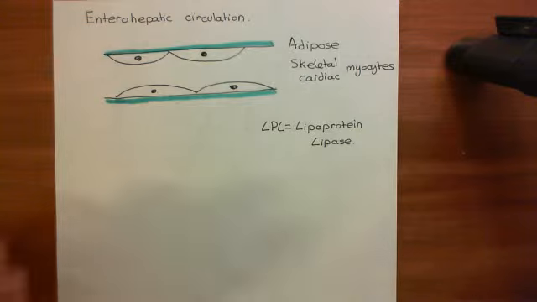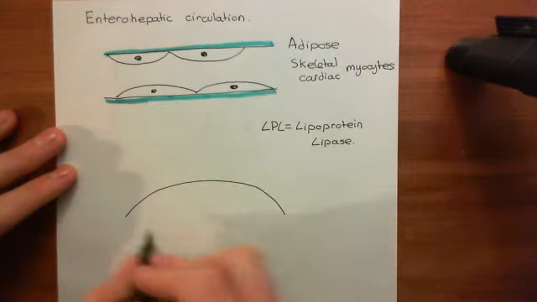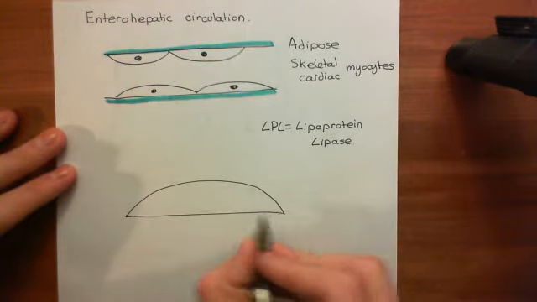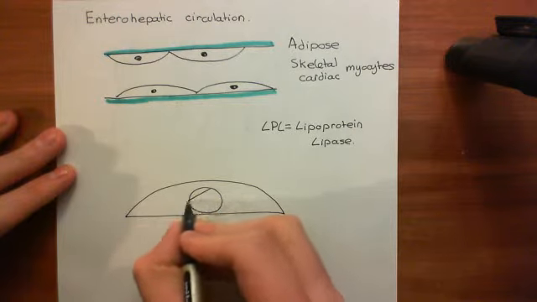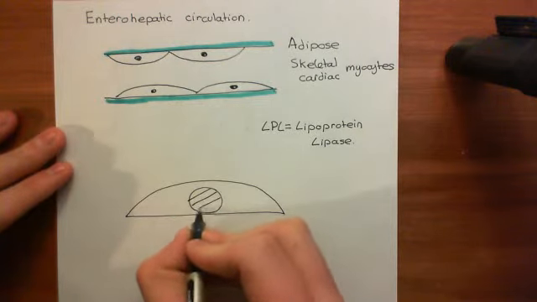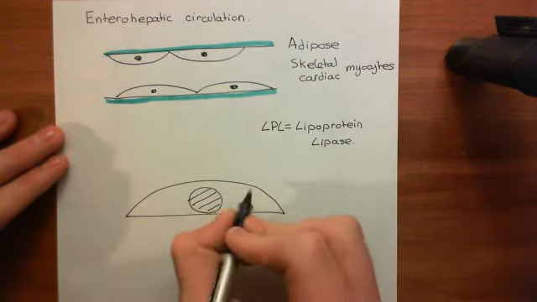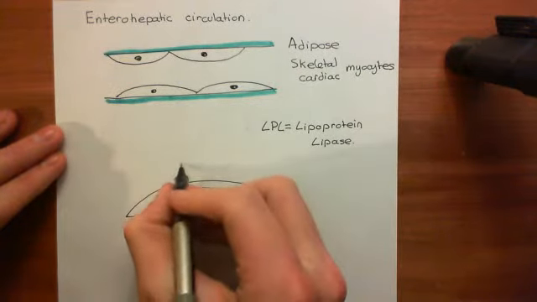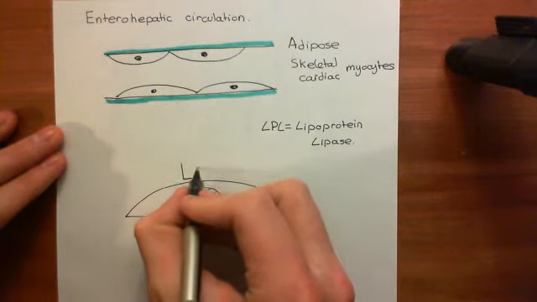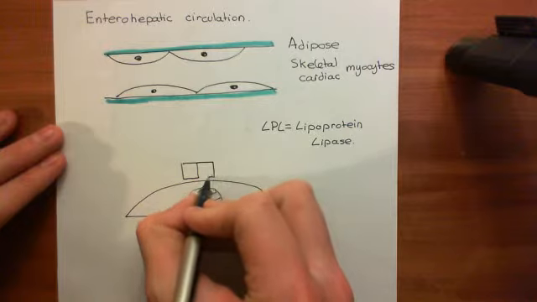Right. So, if we draw an endothelial cell now bigger, let this represent one of these endothelial cells which lines capillaries within adipose tissue and also myocytes. Then on the apical surface of the endothelial cell, which means the face which faces into the lumen, you have a certain molecule which is present as a dimer, which holds on to lipoprotein lipase.